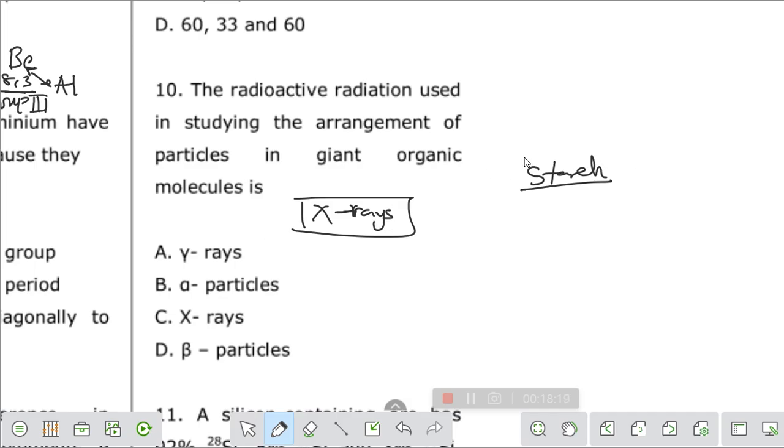You sometimes wonder in chemistry how they got all these compounds, how they knew that starch contains carbon, hydrogen, and oxygen. It's actually due to X-ray. X-ray is what really helps us to do that. So that's why our answer is option C.